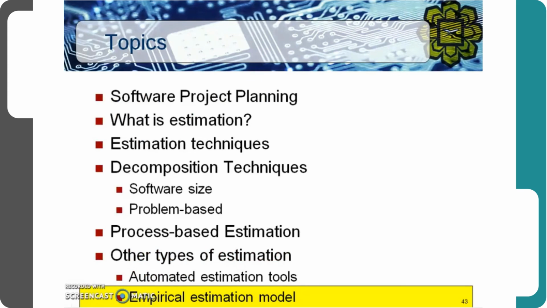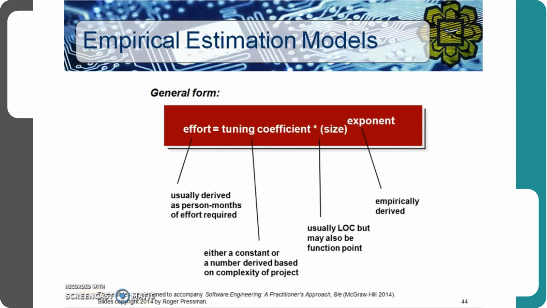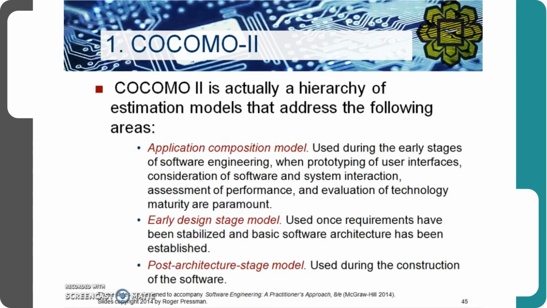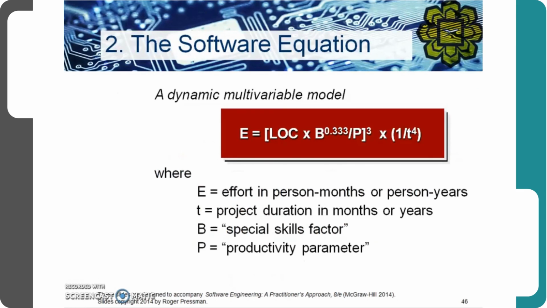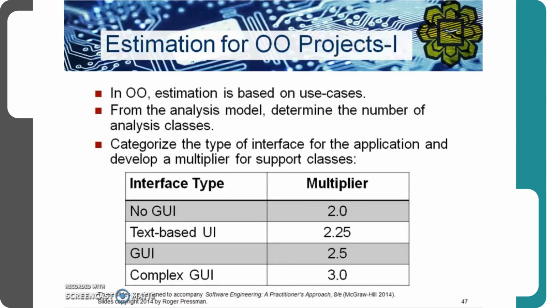And finally, the empirical estimation model. This one uses formulas to calculate the estimated values. One example is using COCOMO, and we can also use the software equation. Another example is estimation for object-oriented projects.